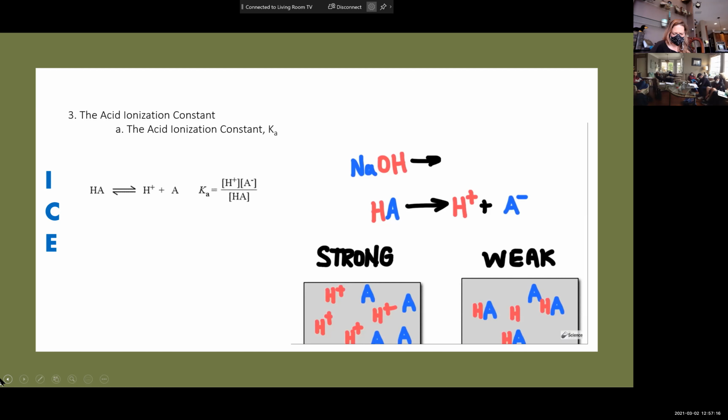And usually we have some kind of metal. This is sodium that's attached to that hydroxide. And so when it dissolves, it dissociates. We're going to end up with the metal ion, which doesn't really do anything as far as making something acidic or basic. And then we have the hydroxide. And so the more hydroxide ions we could get into solution, the stronger the base is going to be.